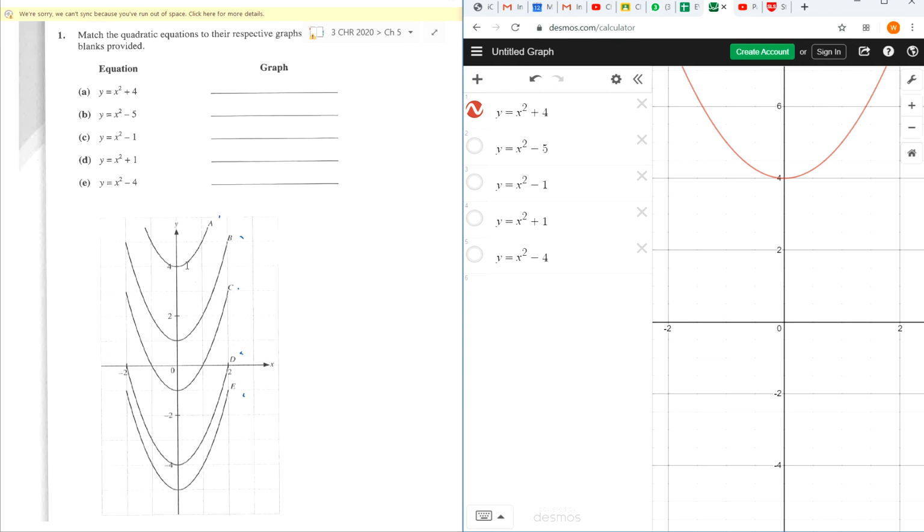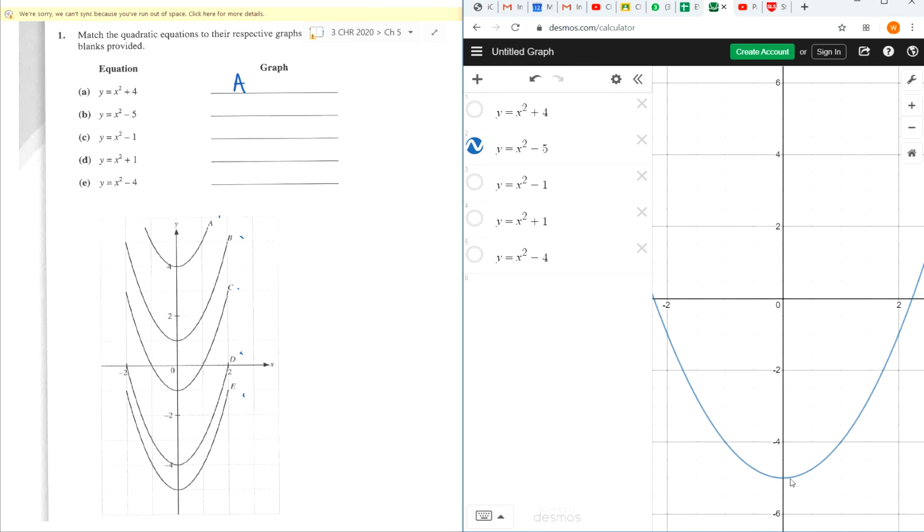So the answer for part A is A. So next, we've got a graph of y equals x squared minus 5. It cuts our y-axis at negative 5. So we move on to our workbook. The graph that cuts the y-axis at negative 5 is graph E.